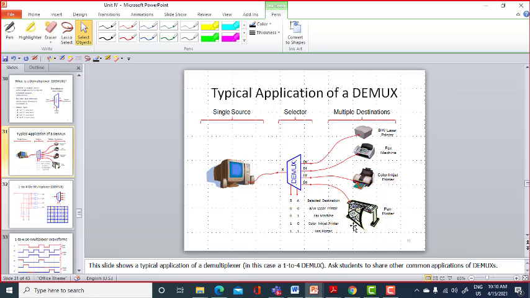The reverse of your multiplexer. So if I'm connecting a laser printer, my input is connected to the laser printer. So 0 0 means laser printer. So this is your DMUX.